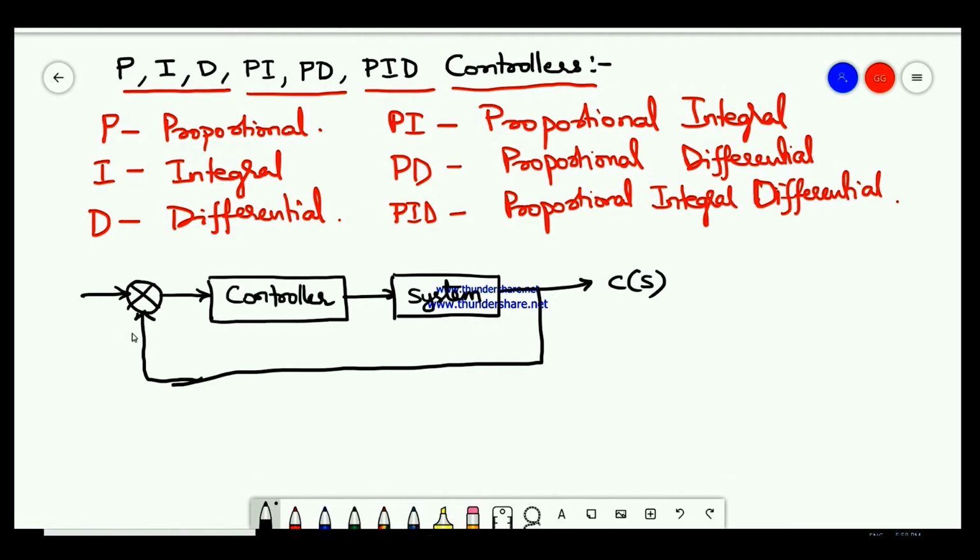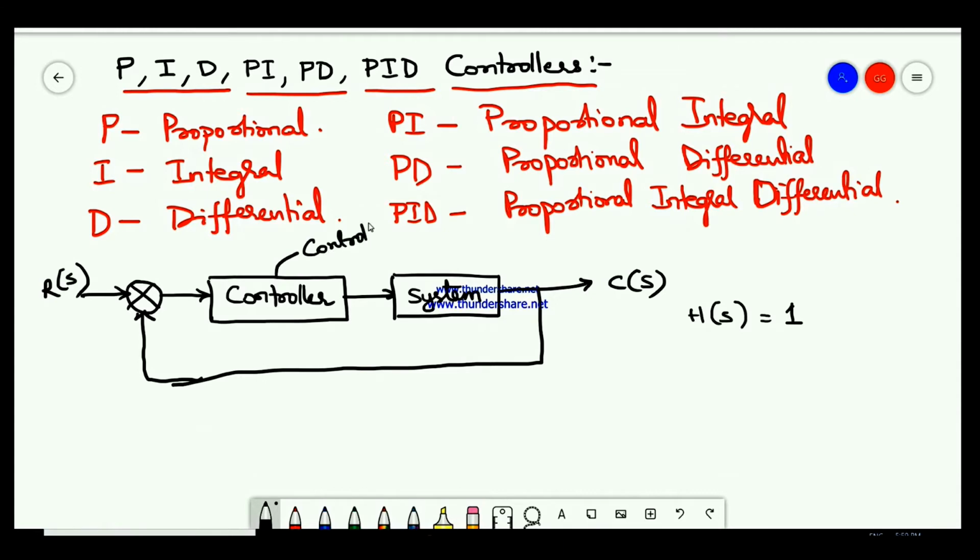This is a generic block diagram, where R of S is positive and the feedback is negative. We always consider a negative feedback system for any control system that we take.